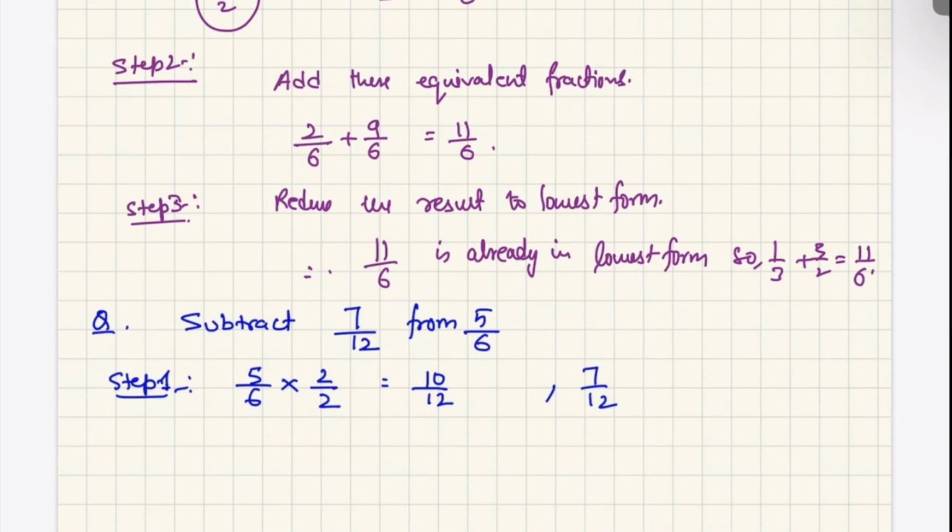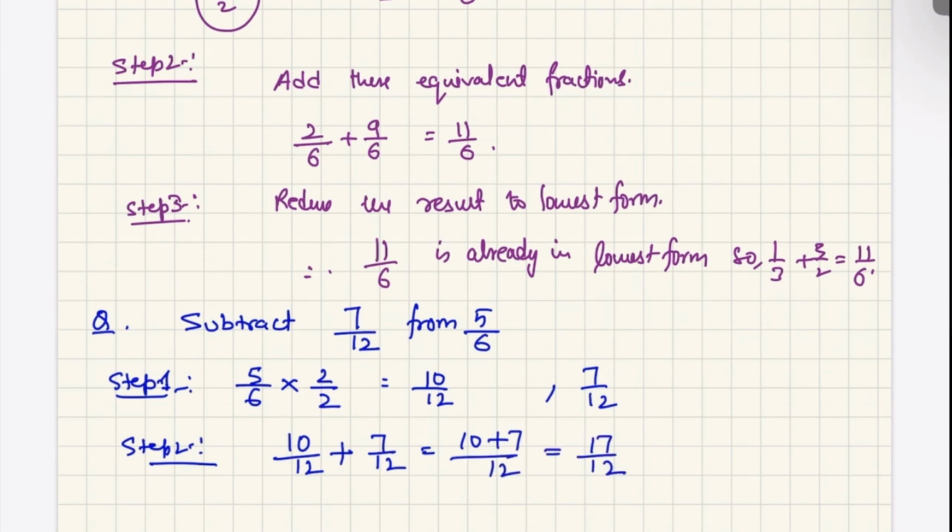So in this case, step number 2, add the equivalent fractions. So 5, sorry, it has changed now. 10 by 12 plus 7 by 12, that means 10 plus 7 by 12, that is 17 by 12.